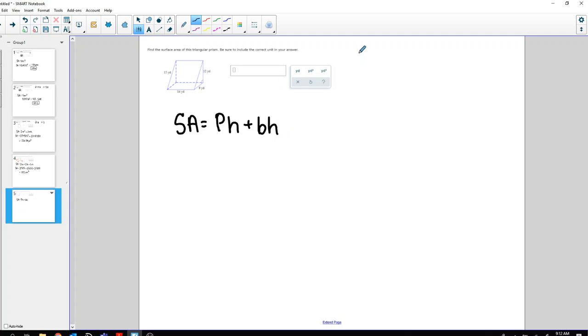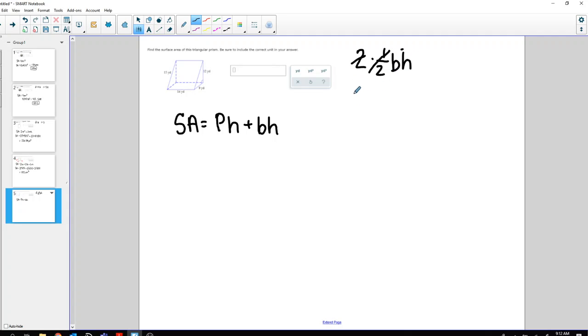What I'm looking at is that I have two bases, or two triangles, so the area is 1/2 base times height. When I do that, those halves disappear, which is why I'm left with the lowercase base and the lowercase height.